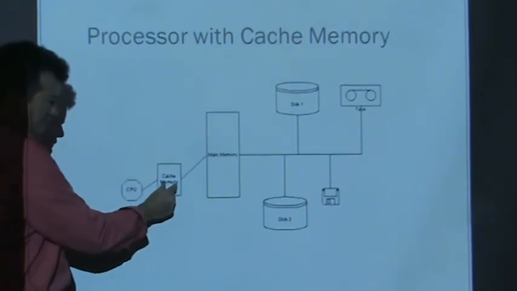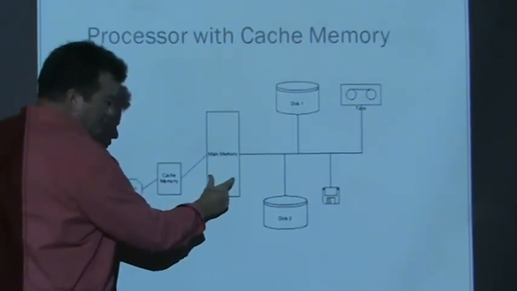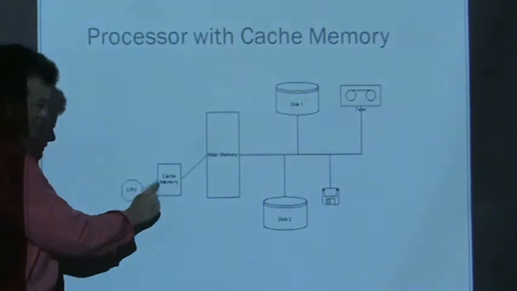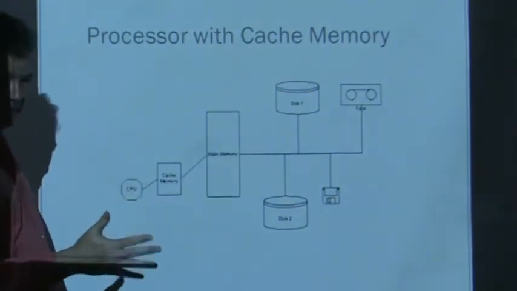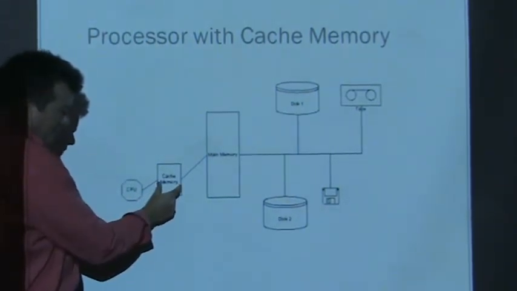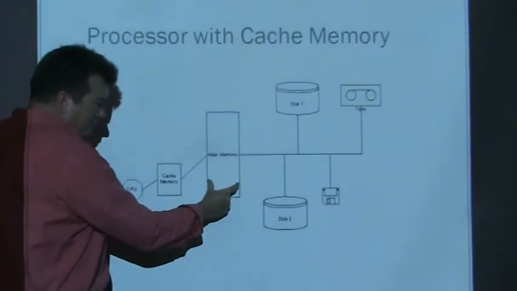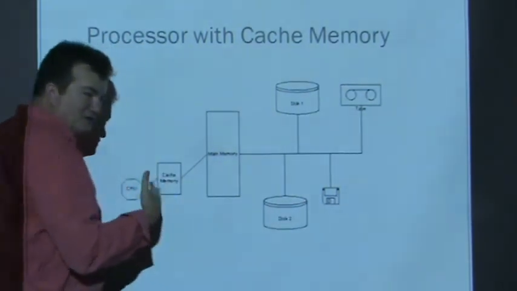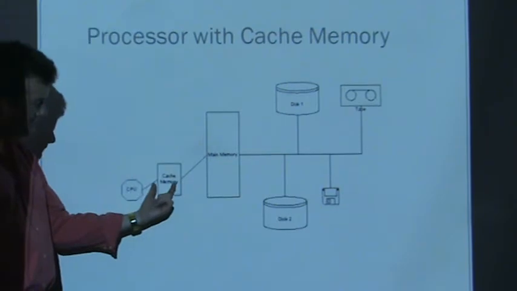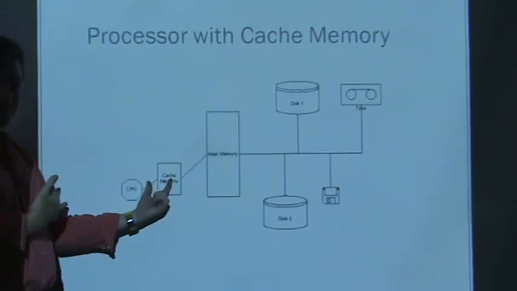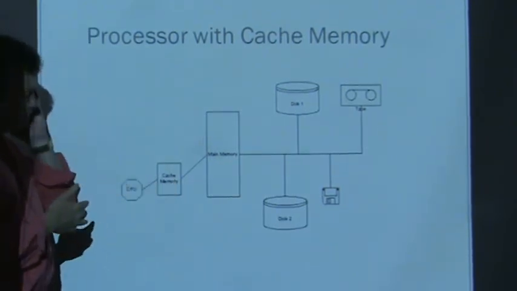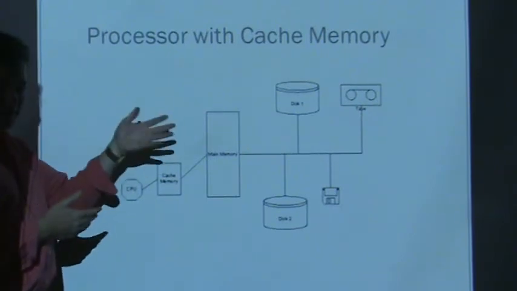X is currently equal to 2. There's a copy of x equals 2 over here. Now if you go to change x, you make x a 3. Would you change it here, and write it out to the disk drive? Would you change it everywhere, or would you just change it at the location you're closest to? That's the difference between the write back policy and the write through policy.